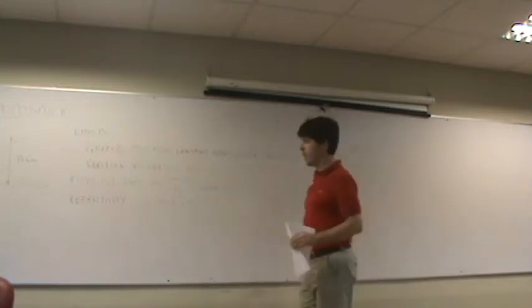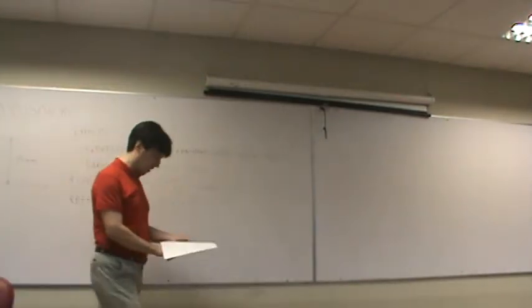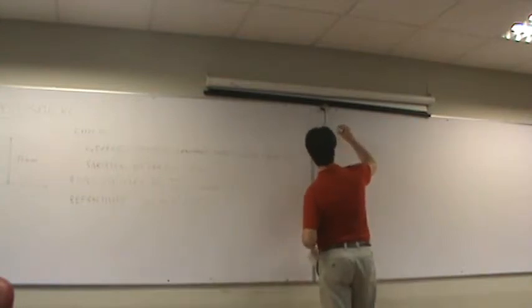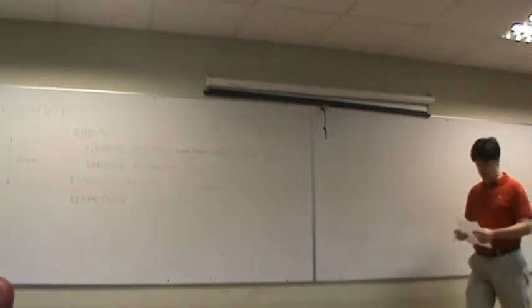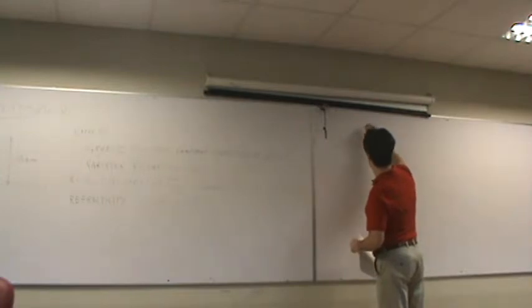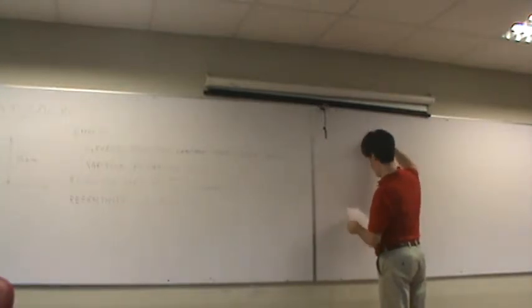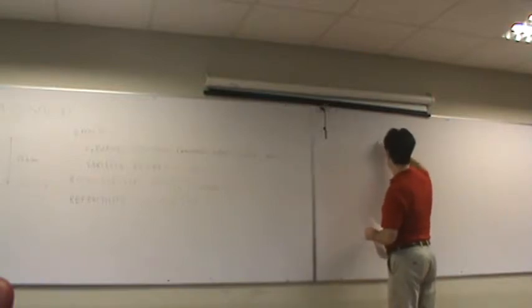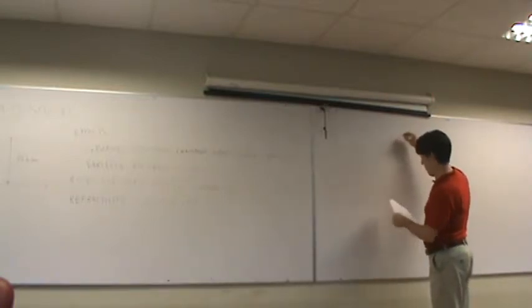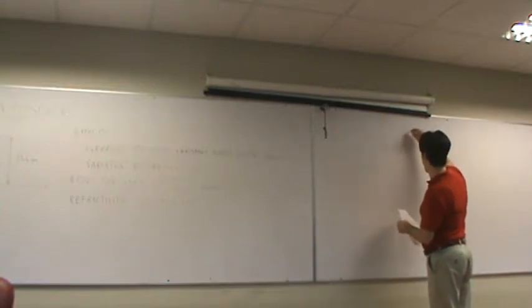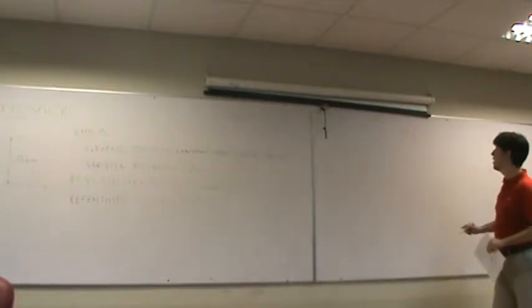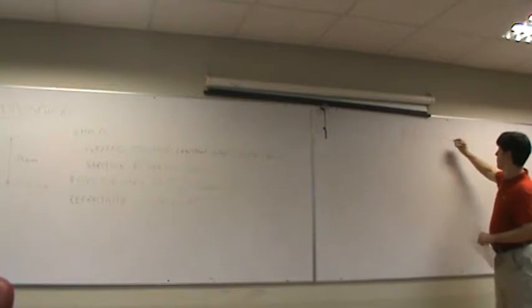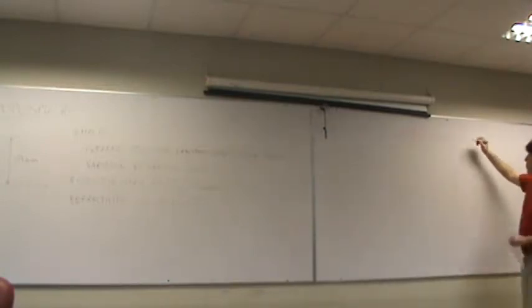Refractivity has got this expression, 77.6 P divided by T plus 3.7 times 10^5 times E divided by T squared, where P is the pressure, air pressure, millibar.